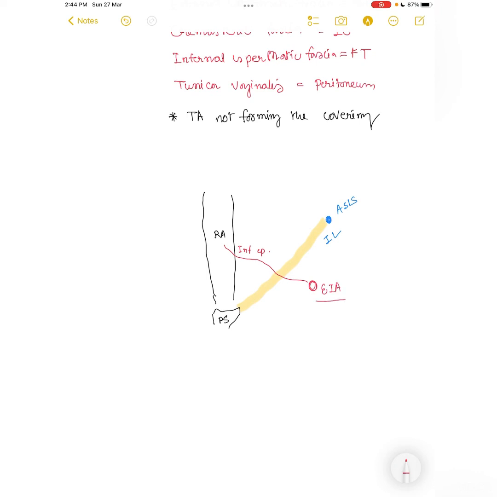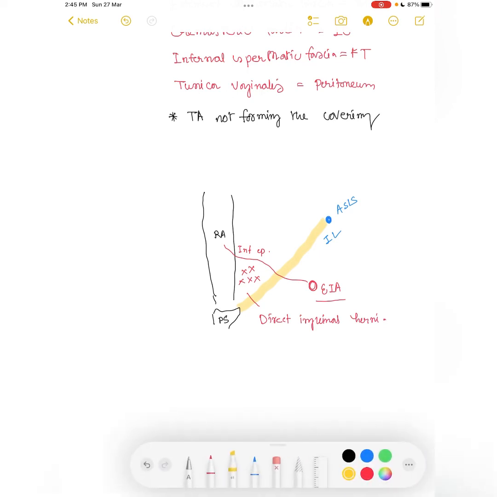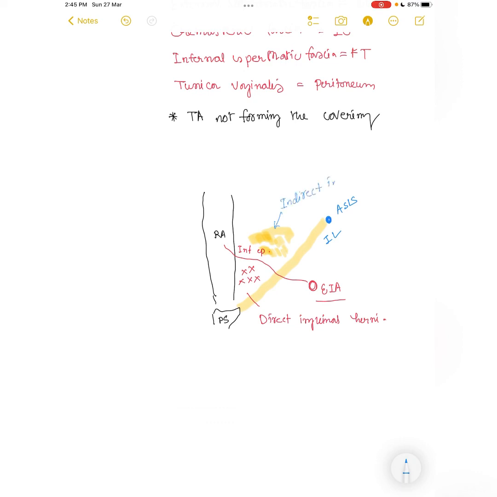If any inguinal hernia comes through here, medial to the inferior epigastric artery, this is called a direct inguinal hernia. But if it comes from lateral, from this region, then it is an indirect inguinal hernia.